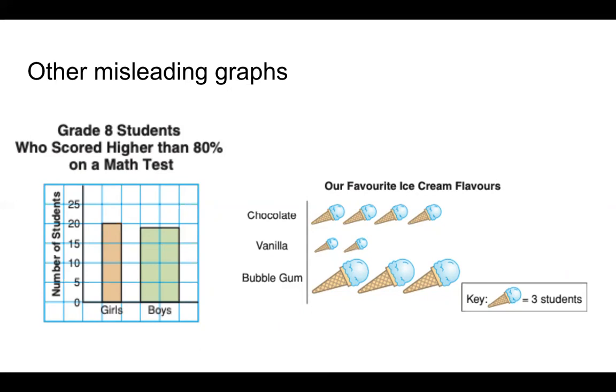We see that chocolate actually is the most popular, but it isn't the one sticking out the furthest. And when you compare vanilla to bubblegum, 2 of those vanilla ones are equal to the length of one bubblegum. So you're getting a very deceiving graph here, letting you know that just because the size of something is bigger doesn't mean that it's any more significant.